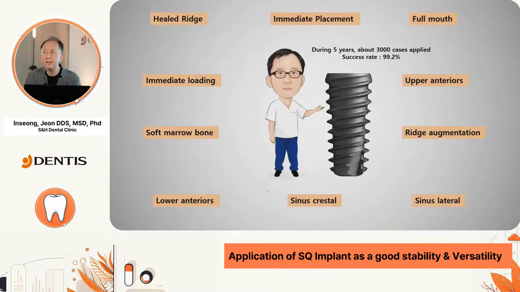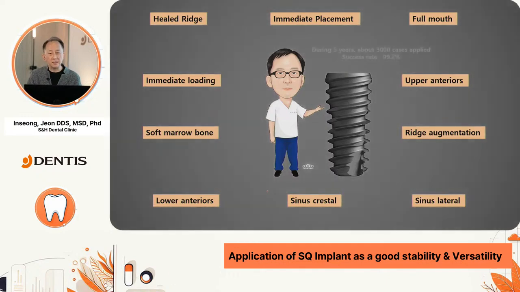Today, very briefly, I talked about immediate placement, not full mouth yet, and immediate loading, very small cases I showed already. And what I didn't show today is big augmentation, lower anterior, and sinus crestal and lateral approaches. Very briefly, I talked about this.